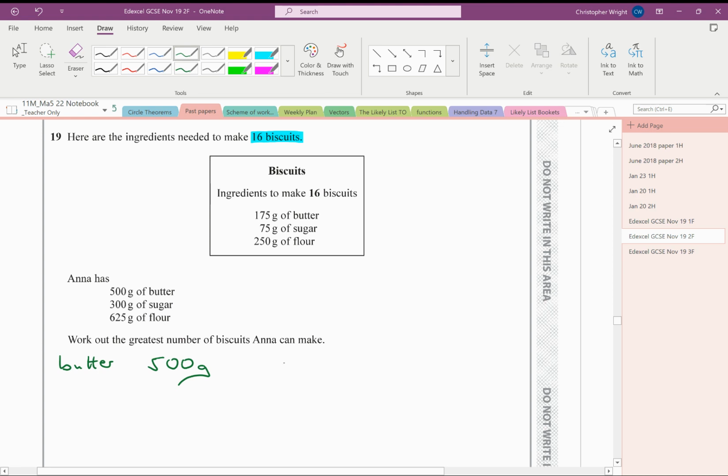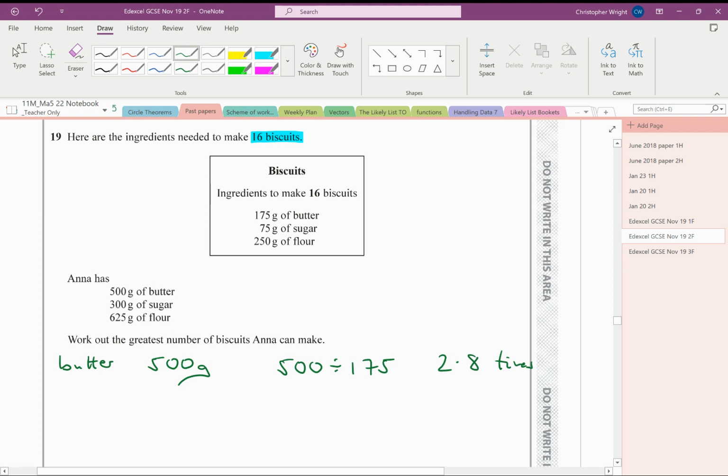I'm going to do 500 divided by 175 to see how many times she could make this 16 biscuit recipe according to the amount of butter she has. Right, she could make it 2.8 times. So she could make it almost 3 times, almost 3 times 16 biscuits she could have.